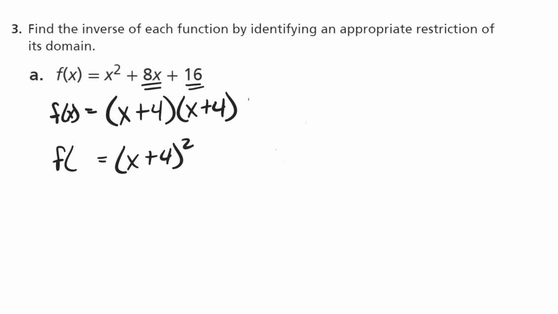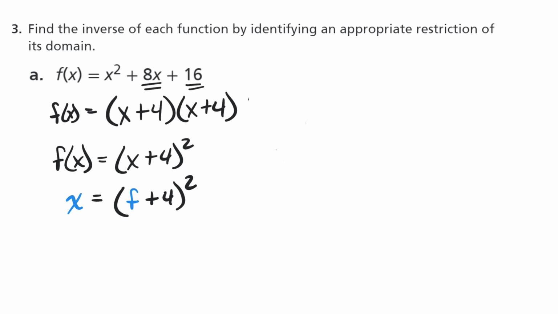So when we look to find the inverse of the function, the way we do that is we switch the x and the f, and then we solve for the f again.